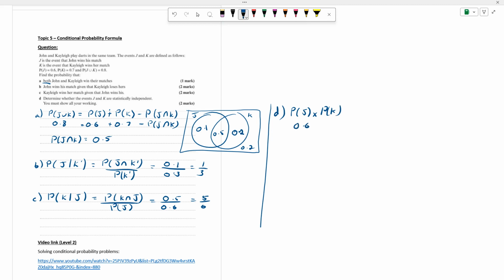That's 0.6 times 0.7, which would give me 0.42, which doesn't equal my intersection, which means therefore J and K are not independent. So make sure if we're using the independence rule that we're either told they are or we're using it to test whether they are. We need to find the intersection a different way if that is the case.